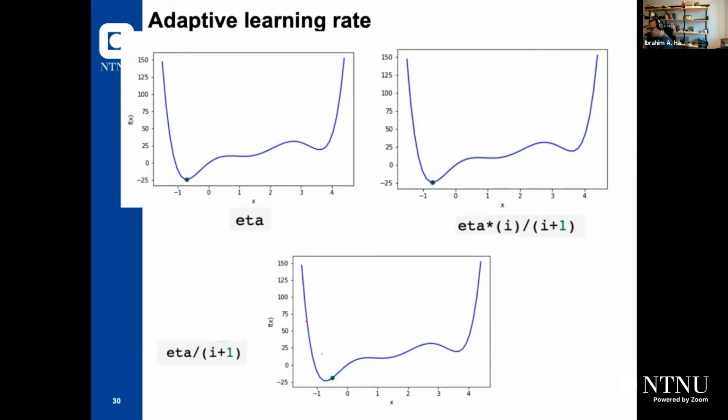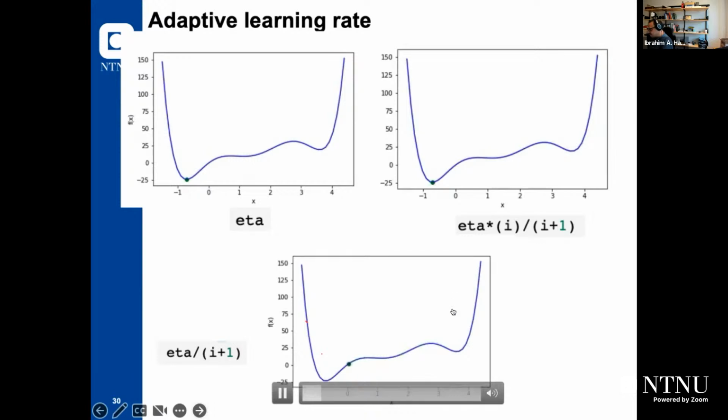At iteration number 3, for example, we will divide by 4. Iteration number 5, we will divide by 6. Iteration number 100, we will divide eta by 100 plus 1. Right? So the brake here will be stronger. As you can see in the bottom figure, we are coming with very high speed at the beginning in the first iteration, and our speed goes down until we reach our global minimum, right?